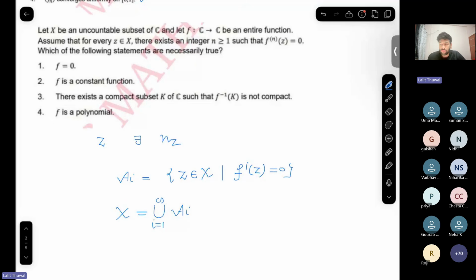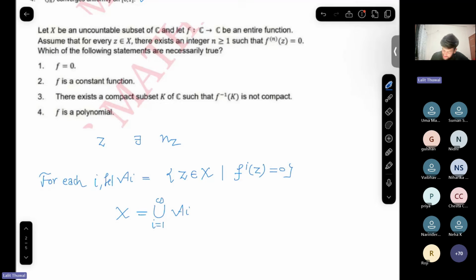So this is easy to observe, right? Let A_i denote this set; then X is the union of these A_i, because each A_i is in X, which is obvious. And suppose you pick z from X, then because some derivative will vanish at it, z will be in some A_i.